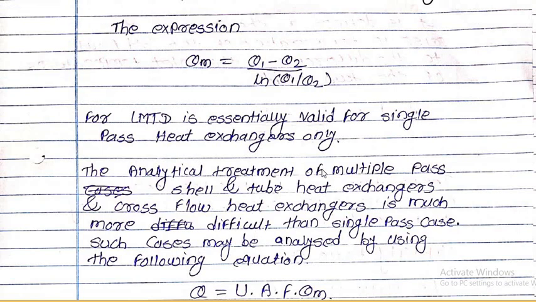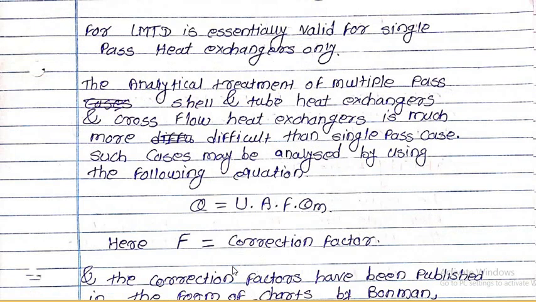The analytical treatment of multipass shell and tube heat exchangers and cross flow heat exchangers is much more difficult than the single pass case. Such cases may be analyzed by using the following equation. Our previous general equation is Q equal to U multiplied by A multiplied by theta m.